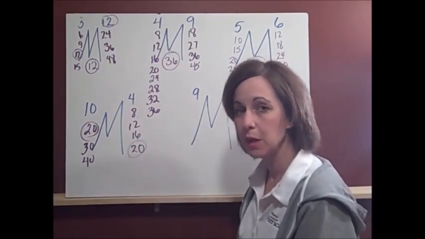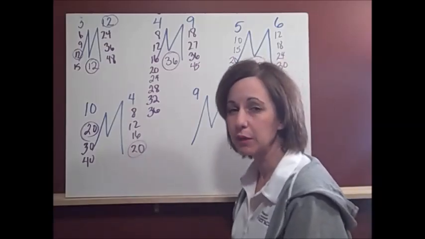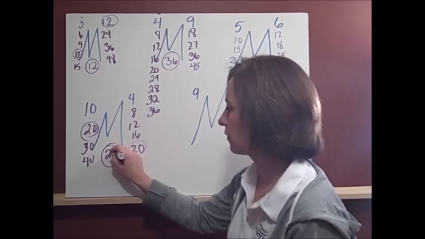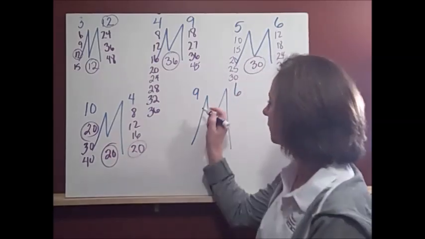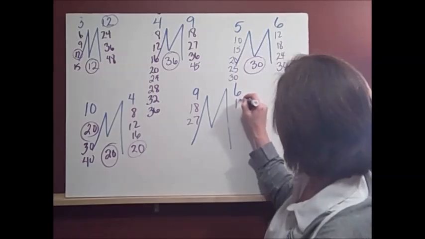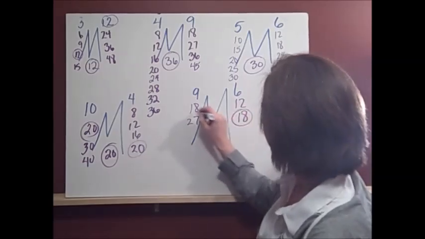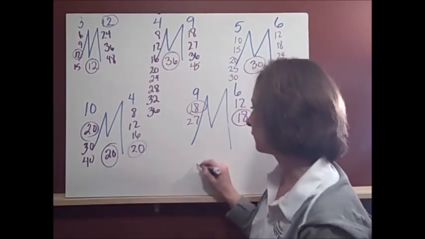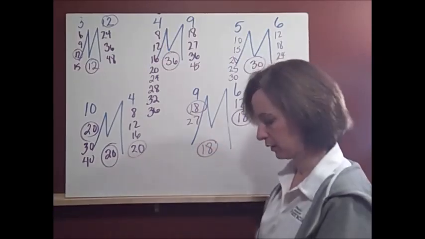So sometimes multiplying the numbers will give you the lowest common multiple. Sometimes not. So 20 is the lowest common multiple. 9, 18, 27, 6, 12, 18. And there is 18. Way earlier than 9 times 6, which is 54. So 18 is the least common multiple.